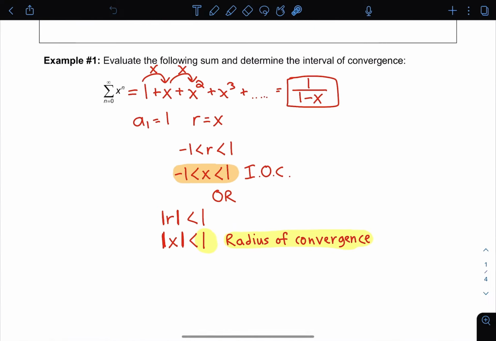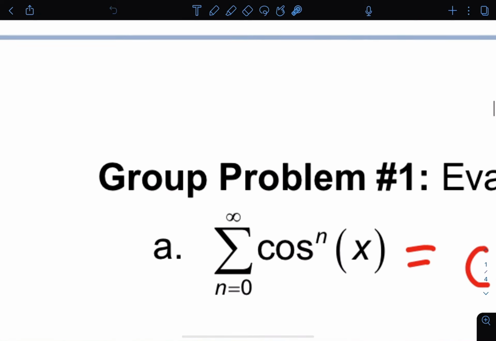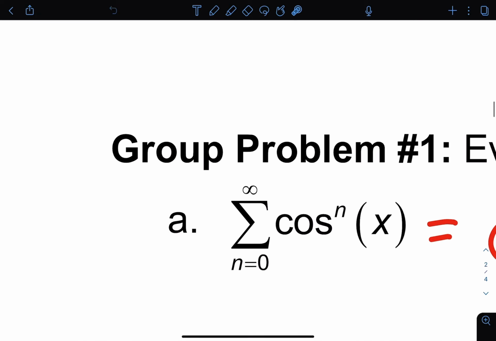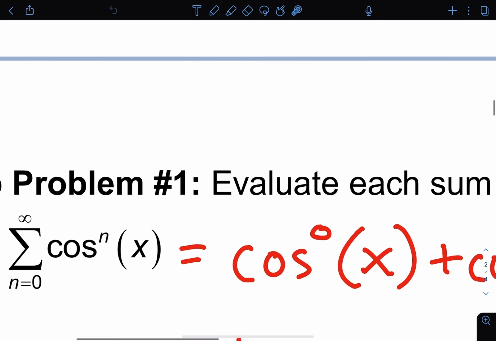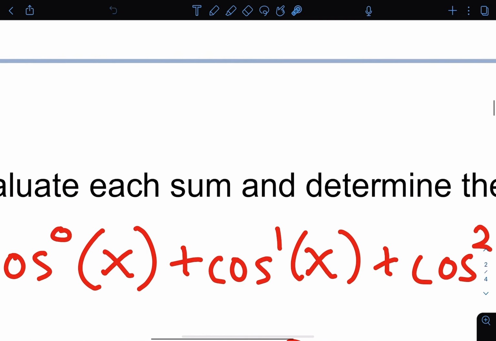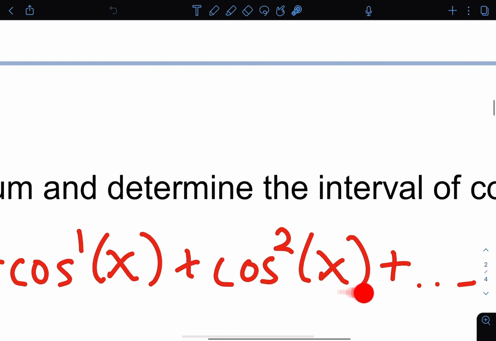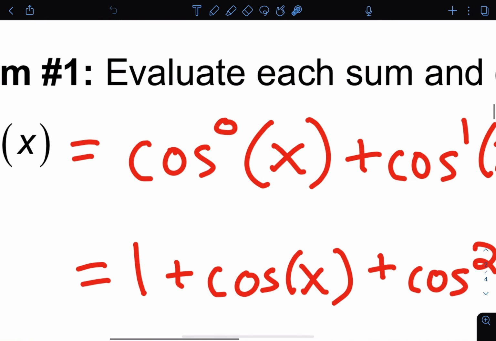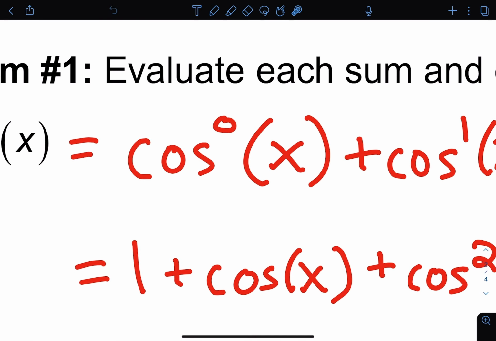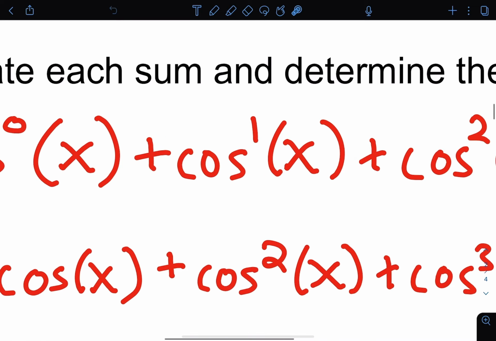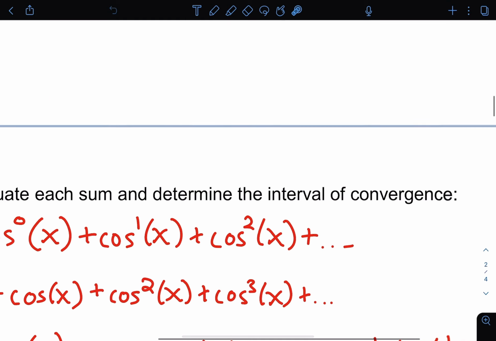Okay, let's keep going. Group example 1. So we have an infinite series here of powers of cosine. So cosine of x raised to the nth power. If we plug in 0 to start, cosine of x to the 0, cosine of x to the first, cosine of x squared. Anything to the 0 is 1, plus cosine of x, plus cosine squared, plus cosine cubed, plus dot, dot, dot.